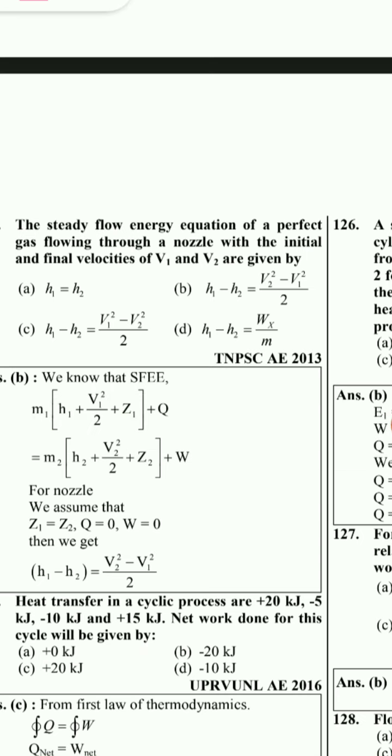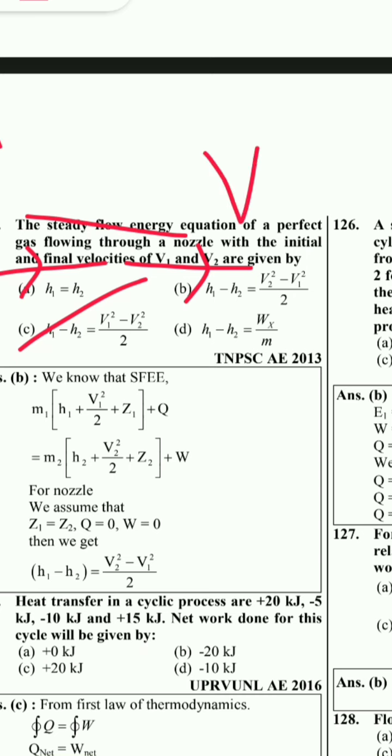A nozzle is a device where pressure energy gets converted into kinetic energy. The basic function of a nozzle is to increase the velocity of a fluid. There will be no heat transfer to the surroundings, so heat transfer is 0, and no work performed by the system, so work transfer is also 0.